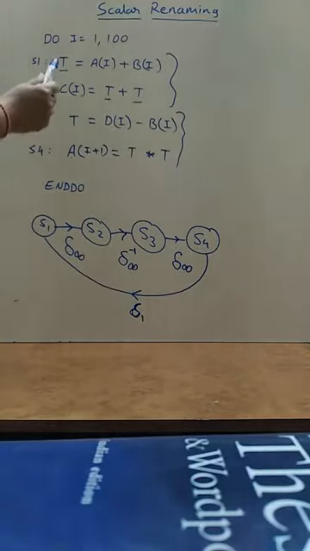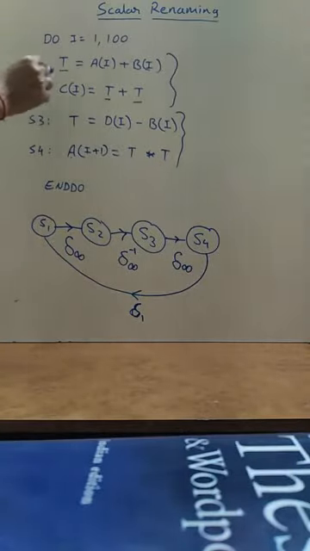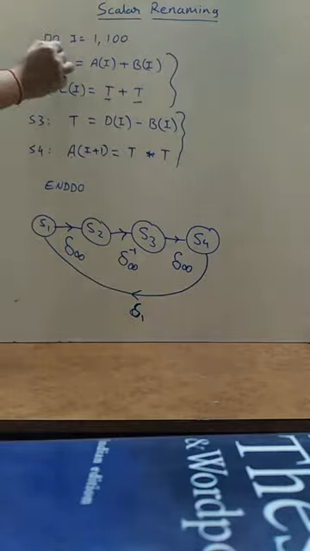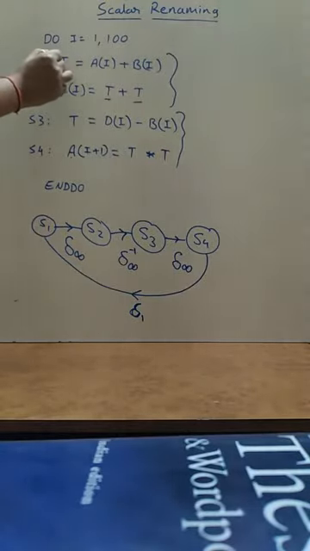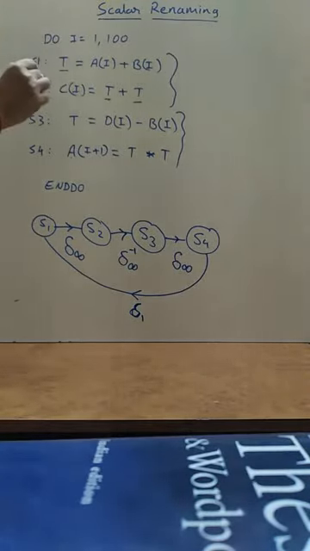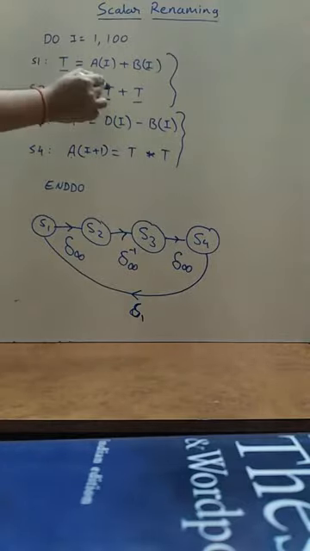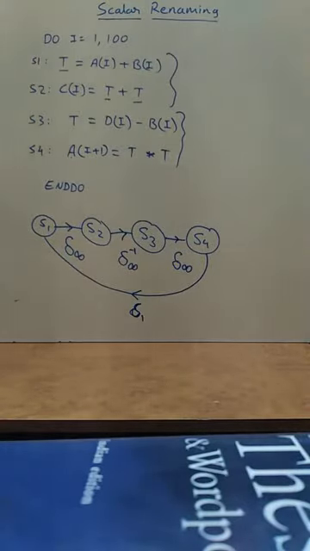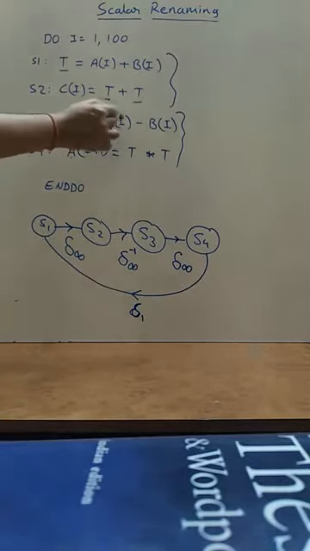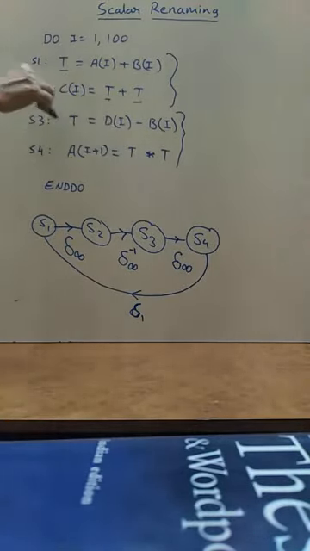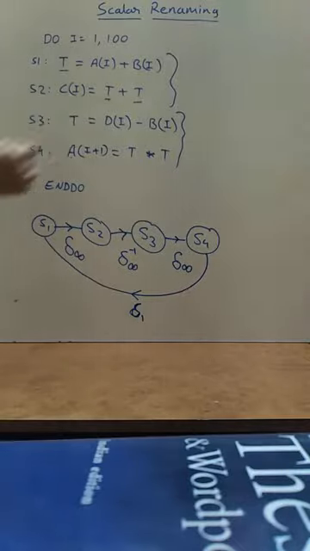So in S1 and S2, in this part of the iteration, S1 defines some value and keeps it in memory location T, and then this value is used in S2. Now in the second part, in S3 some other value is calculated and kept in the same memory location, and it is used in S4.